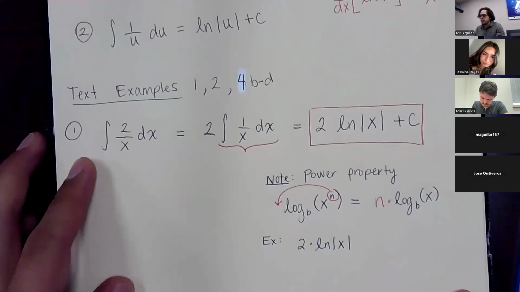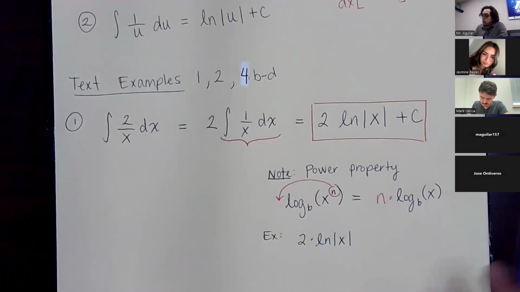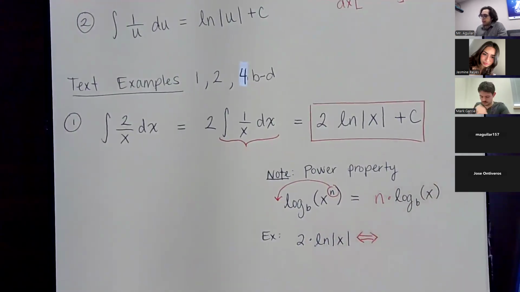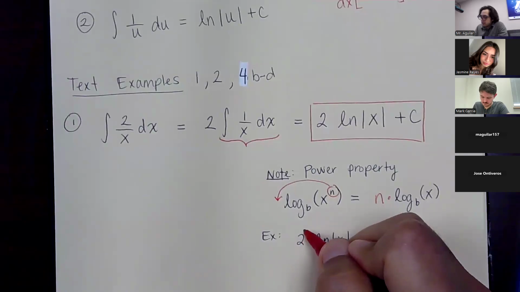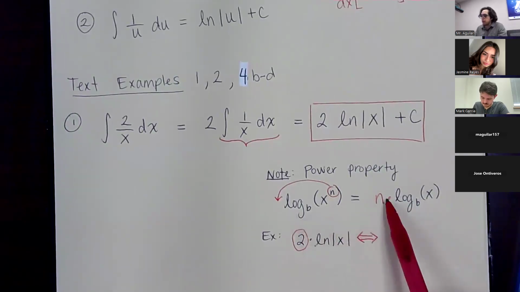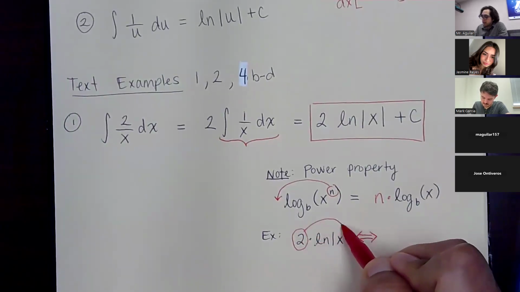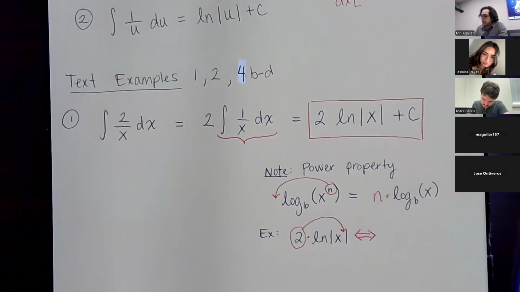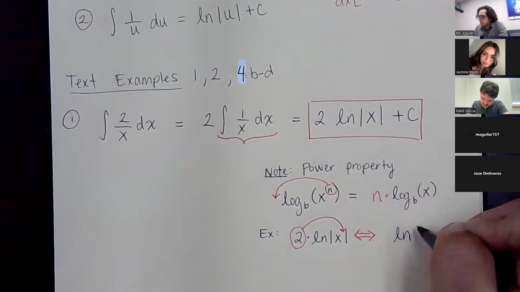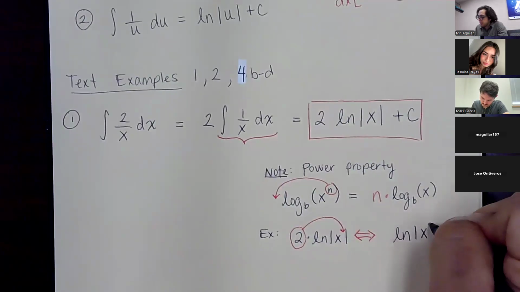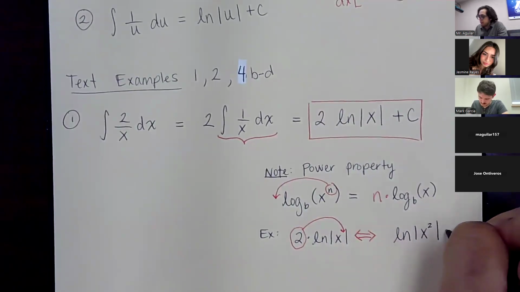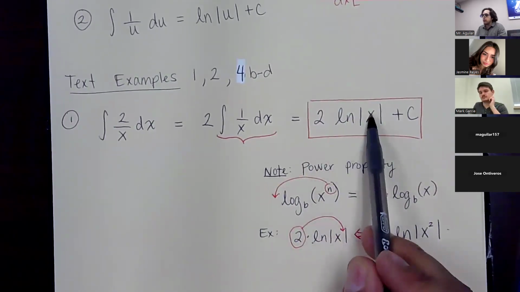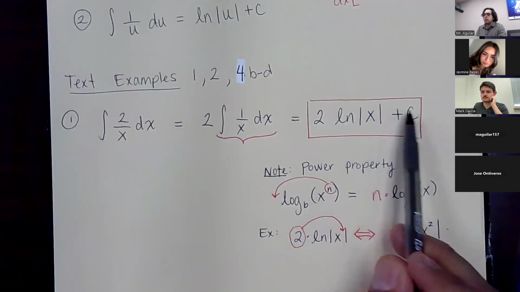Then if you wanted to, it would be equivalent to take this 2 and reverse this process where you put it back on the x as the exponent. So that could be rewritten as the natural log of x squared inside the logarithm, natural log of absolute value of x squared plus c.